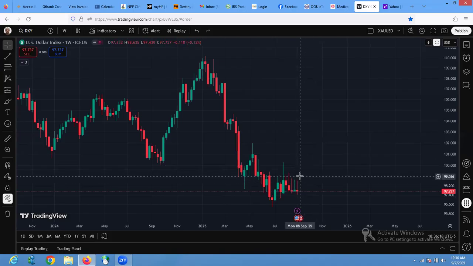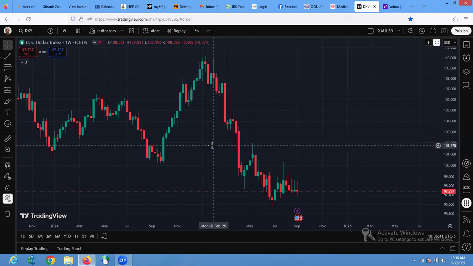So in going into the week, we need to see this current candle, how it's going to close this week and the first 2 days of the coming week. So we need to see that.